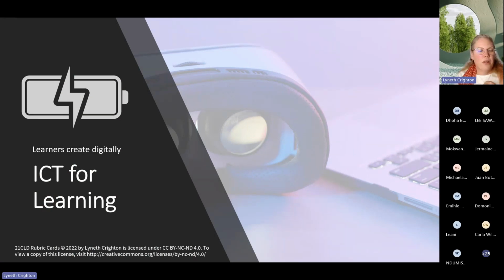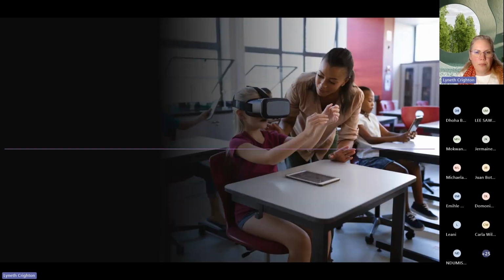So the last rubric is ICT for learning. It kind of encompasses all the ones before, especially knowledge construction, and it is the one that refers to the tools. None of the rest refer to the use of ICT or basically digital tools for learning.